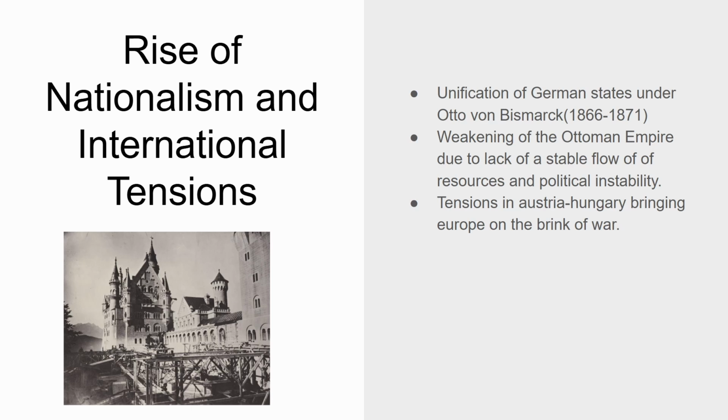There were also tensions in Austria-Hungary between the native peoples and the Austrian rulers who were subjugating them.